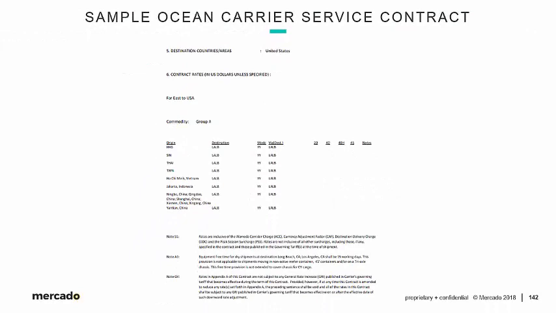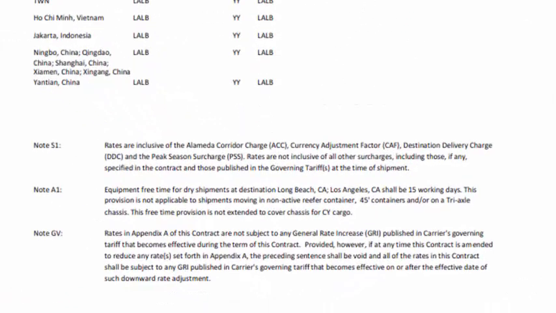Down the bottom, some important notes to be aware of, bearing in mind that this contract is for containers going through the ports of LA Long Beach. The notes could be different if goods were going through Philadelphia, Norfolk, Miami, Houston, wherever. For example, note S1. Rates are inclusive of the Alameda Corridor charge, currency adjustment factor, destination delivery charge, and peak season surcharge.